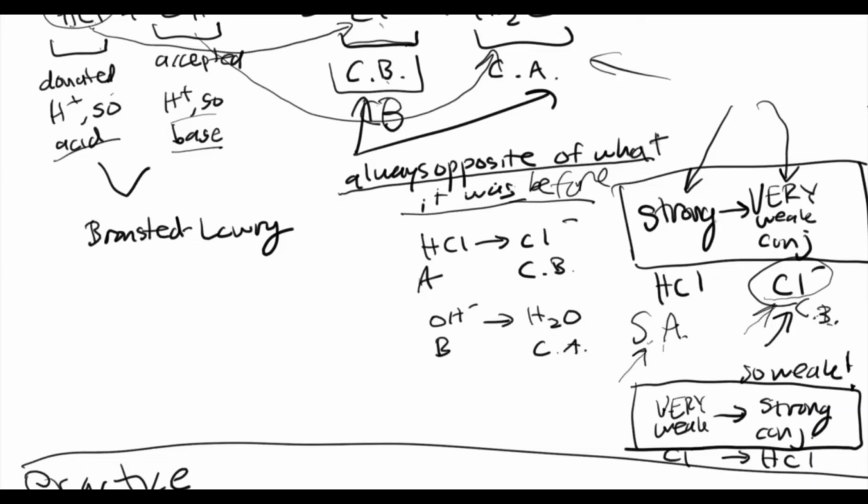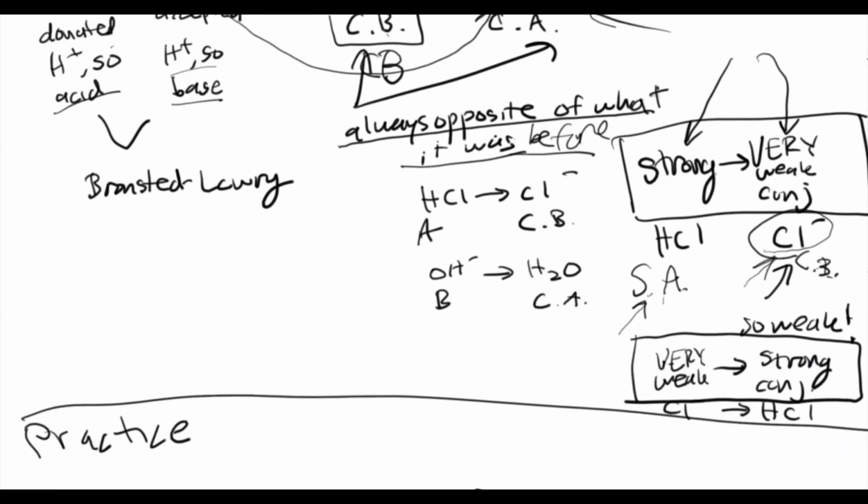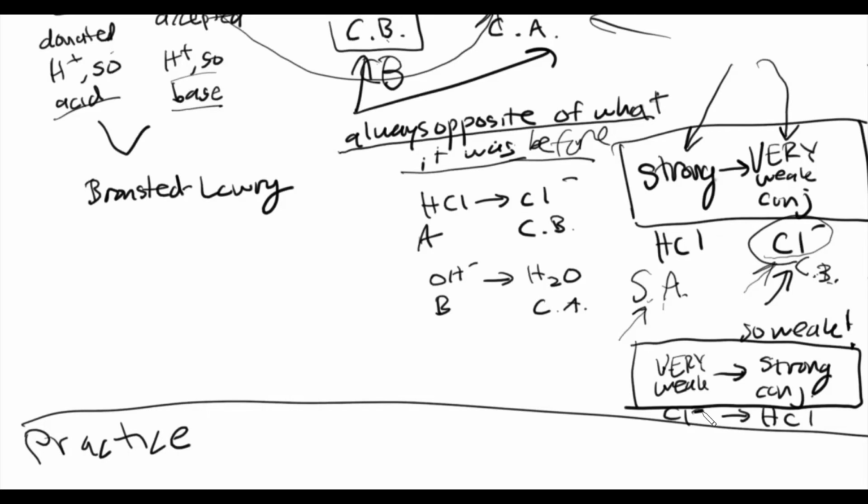base. Now let's look at the converse, where we start with a very weak base. So this is a very weak base. It's actually not even considered a base at some points because it honestly just doesn't accept any H pluses naturally, because this reaction is so unfavorable that it will never happen.